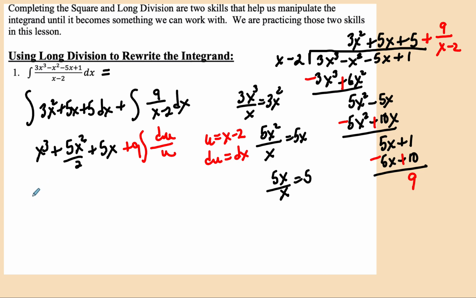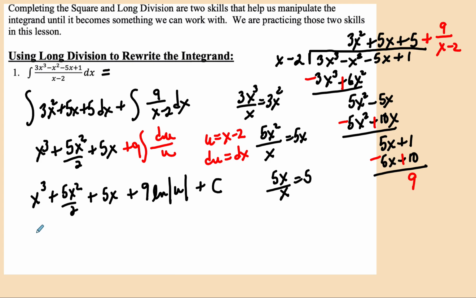And so now I'll have x cubed plus 5x squared over 2 plus 5x plus 9 natural log of the absolute value of u plus c. And then our last step is to resubstitute for the u and make it 9 natural log of the absolute value of x minus 2 plus c.